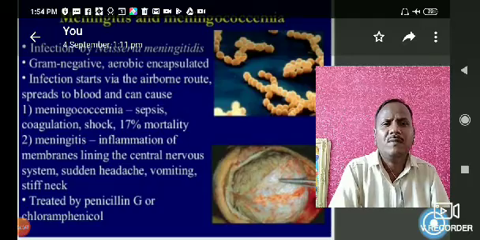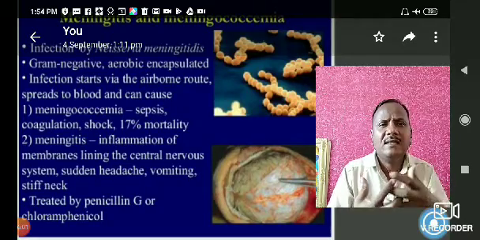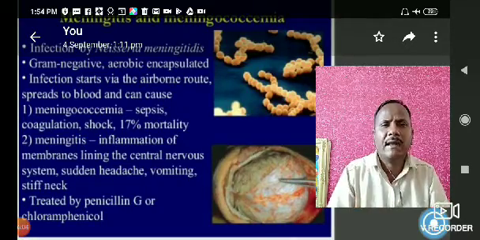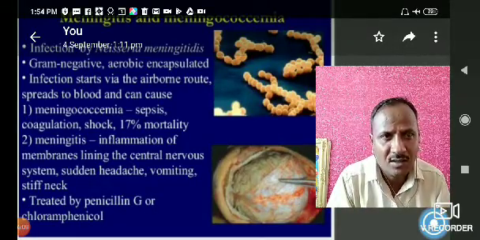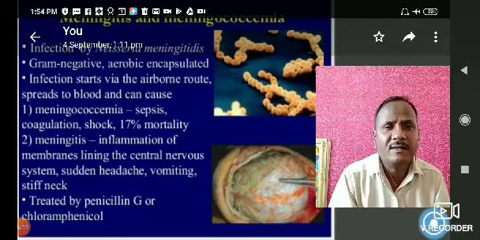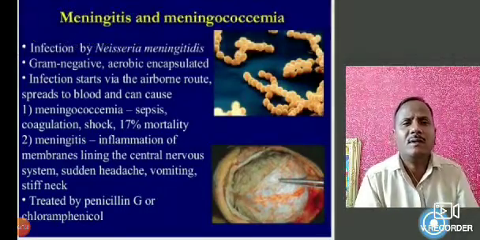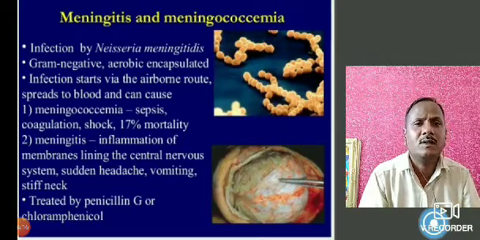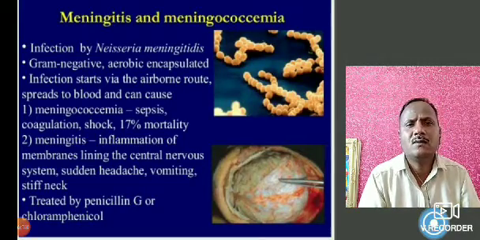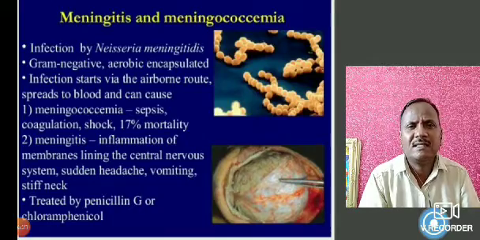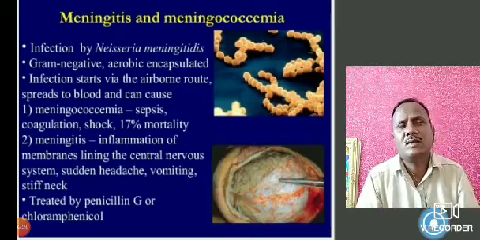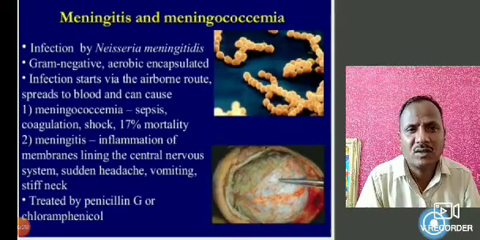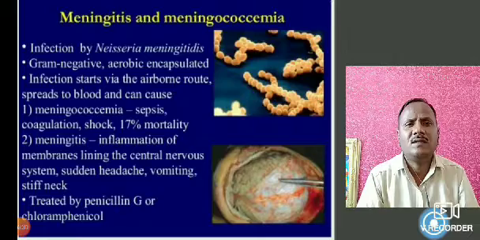Meningitis is inflammation of the membranes lining the central nervous system, with sudden headache, vomiting, and stiff neck. So how can we identify the disease? If people are suffering from specific nervous system symptoms, that is sudden headache, vomiting, stiff neck, they are diagnosed with the disease and treated with penicillin G or chloramphenicol.